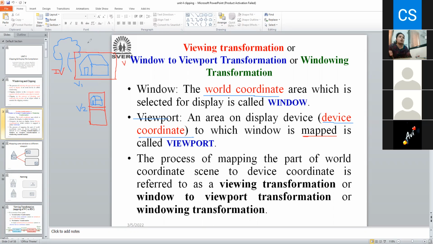So the window coordinate system is mapped with the device coordinate system. This mapping is called viewing or windowing or window to viewport transformation. Getting it? So that is the definition: the process of mapping part of the world coordinate system to device coordinates.